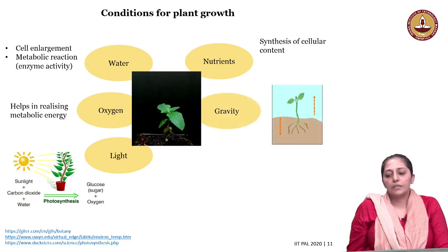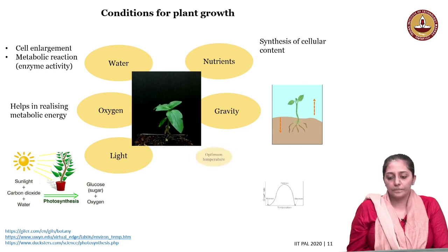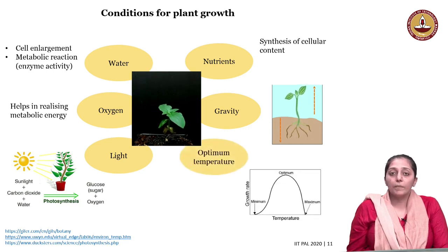Gravity is another parameter which is important for lengthening, determines the length of the plant and the length of the roots. Then optimum temperature, which is also very crucial for the growth of the plant, because it can impact the metabolism of the plant in terms of enzyme activities and the reaction rates.